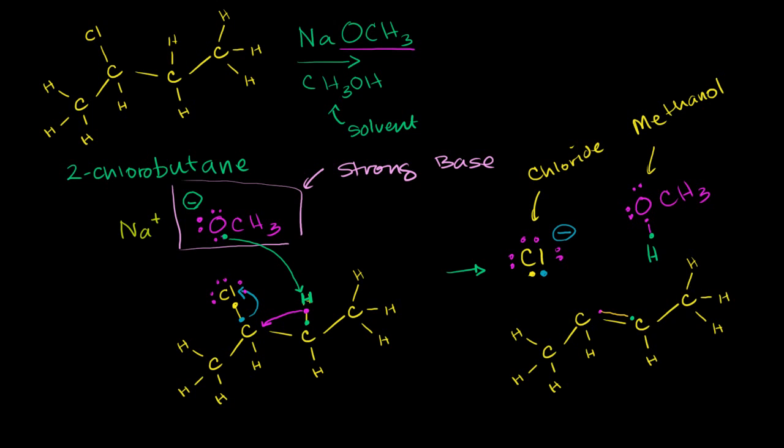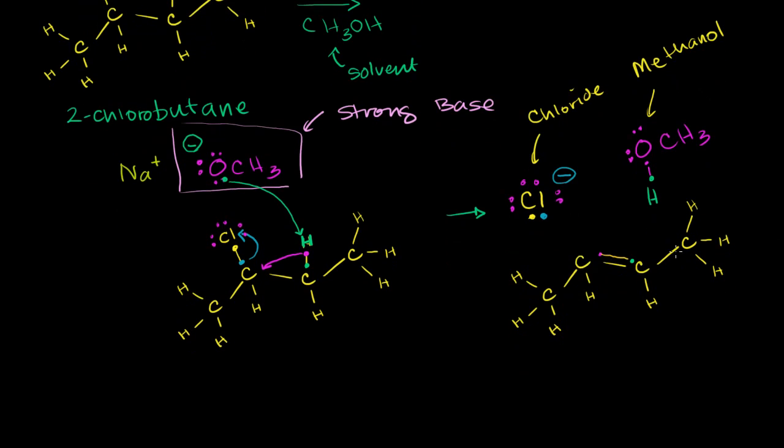And now we're left with 1, 2, 3, 4, still 4 carbons, but now it's an alkene. We have a double bond. So we could call this but-2-ene, or sometimes called 2-butene.